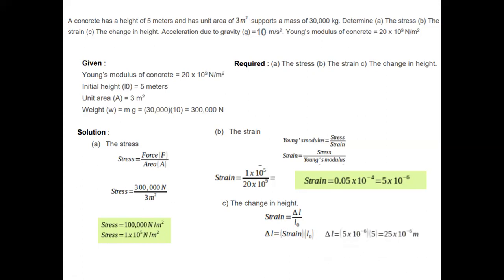Plugging in the values gives us delta L is equal to 5 times 10 raised to negative 6 times 5 meters, or simply the change in length after supporting the mass of 30,000 kilograms gives us 25 times 10 raised to negative 6 meter.